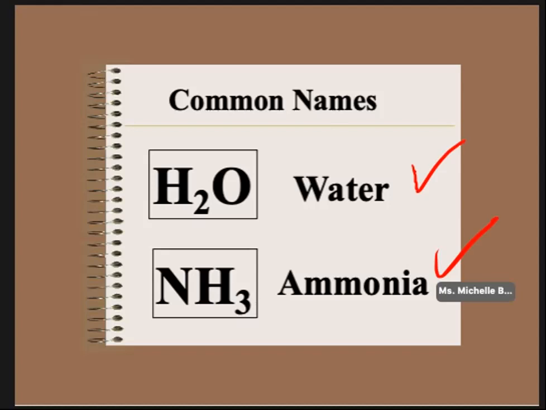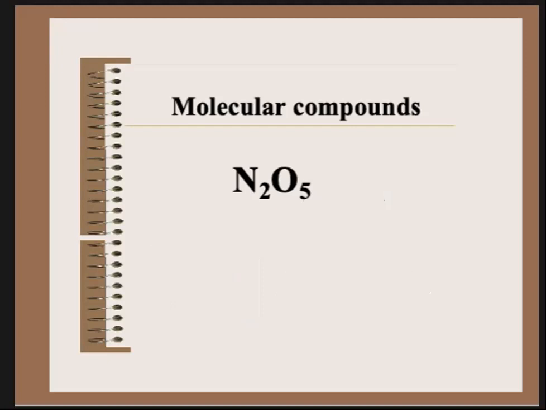Now, I would like to give a quick review also of molecular compounds. This is very easy, right? How do we name and write the formula of molecular compounds? We have N2O5. We use Greek prefixes.